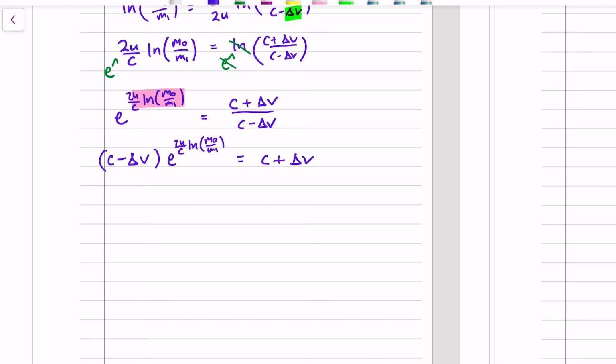Move the delta v stuff to the left-hand side and everything else to the right-hand side. No, I'm going to move delta v to the right-hand side just to avoid negatives.